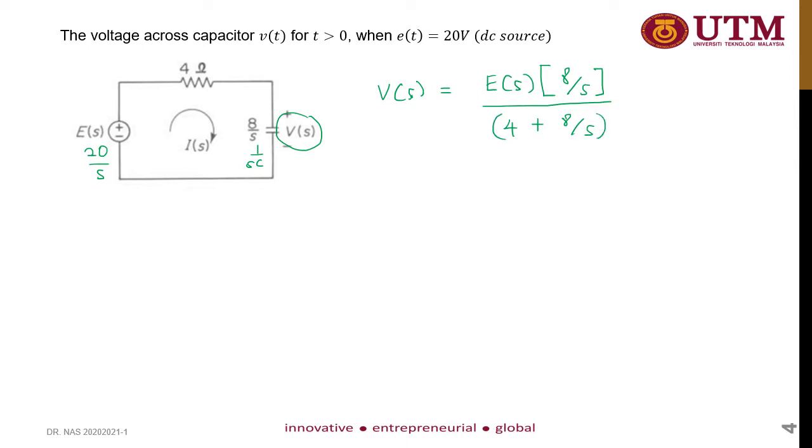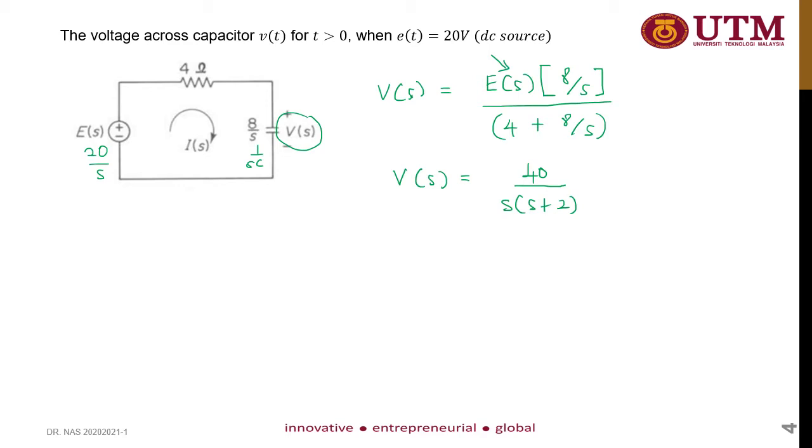Okay, so you can simplify the equation, and V(s) is equal to 40 divided by s plus 2. Okay, so what is your E(s)? E(s) is 20 over s, so you can replace your E(s) value here.